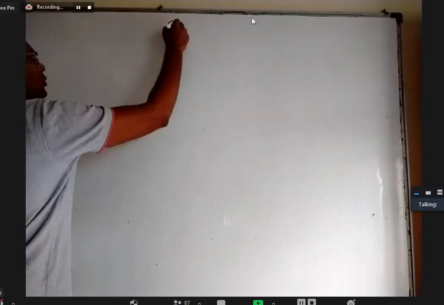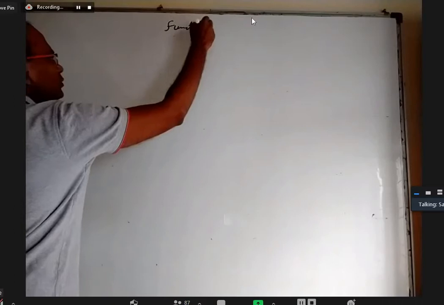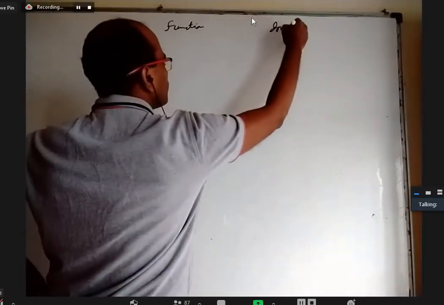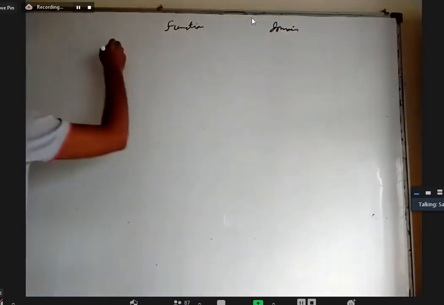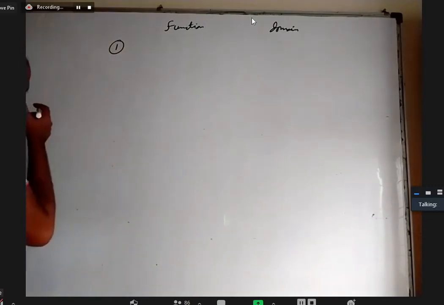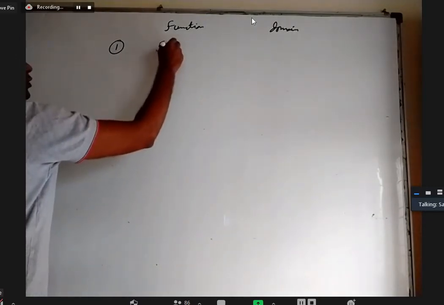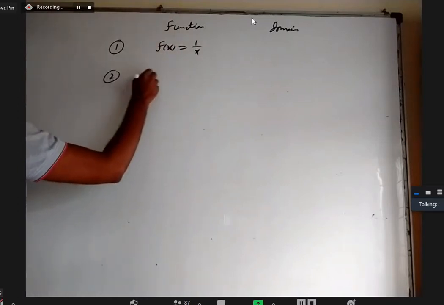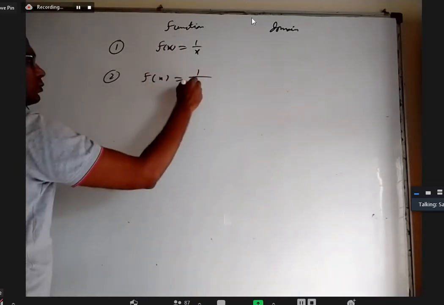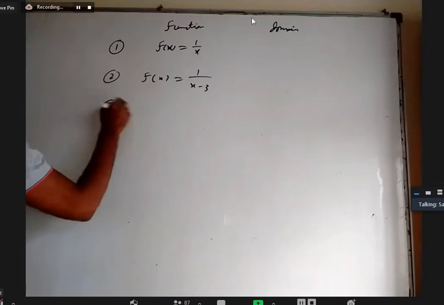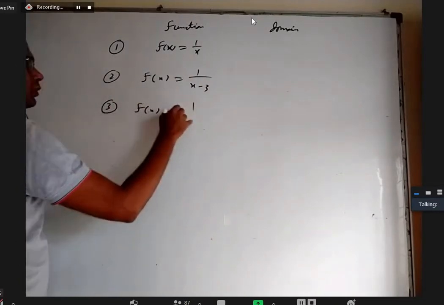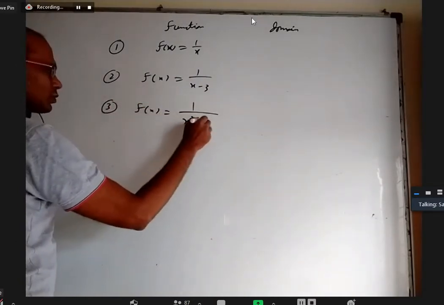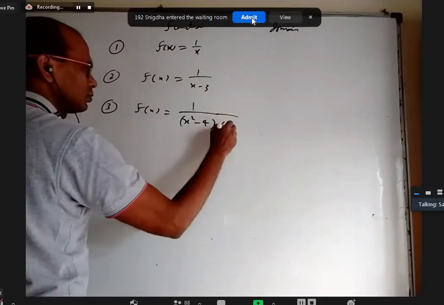You have to just write the domain, that's all. So, function and domain. f of x is equal to 1 by x. f of x is equal to 1 by x minus 3. f of x equal to 1 by x square minus 4 into x minus 5.